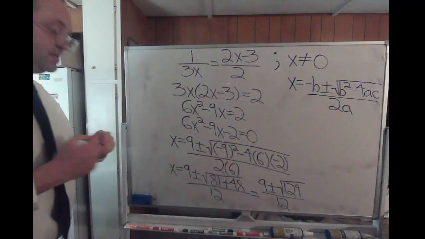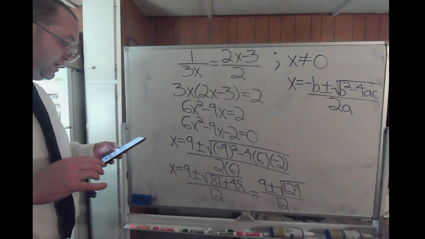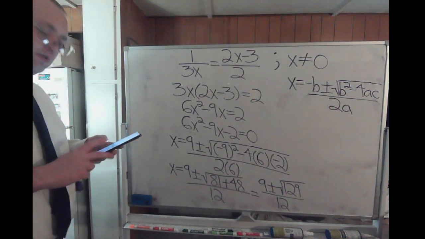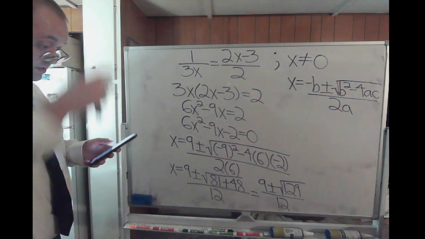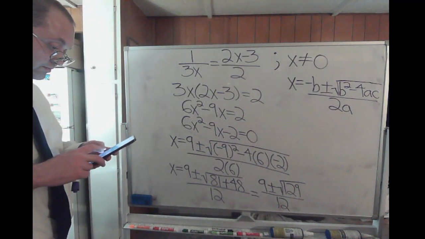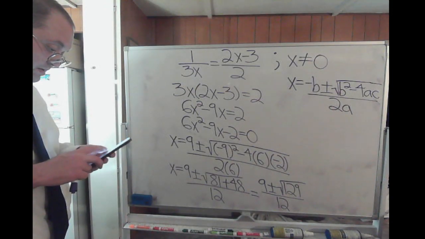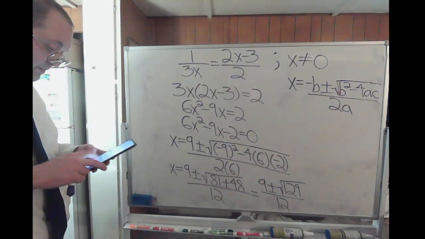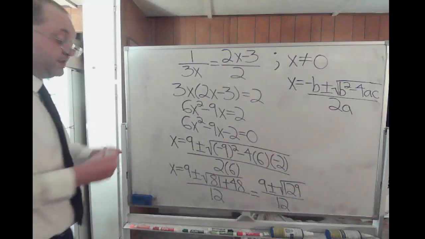Now, what I need to determine, are there any factors of 129 that are a perfect square? Well, let's find out. No, not that. Not that. Well, looks like none of the factors are a perfect square.